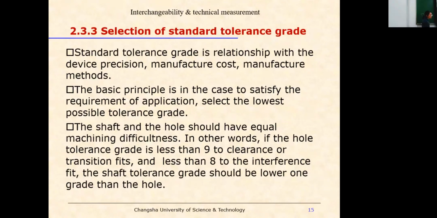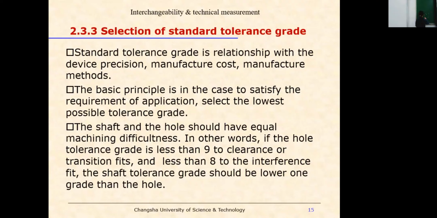But when the tolerance grade is less than 8, like 7, the hole is very hard to machine. It's more difficult than the shaft.